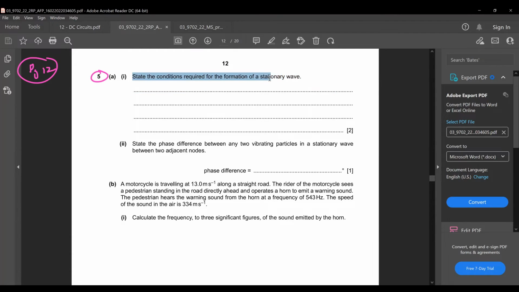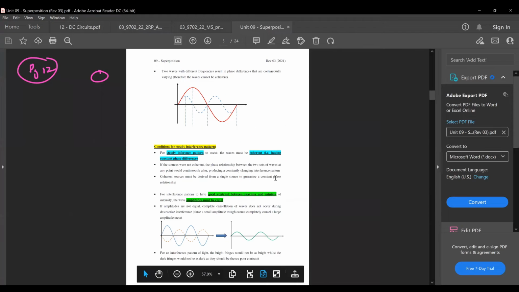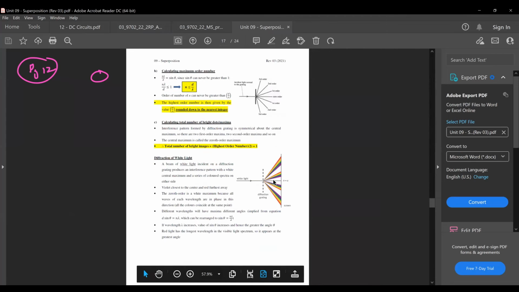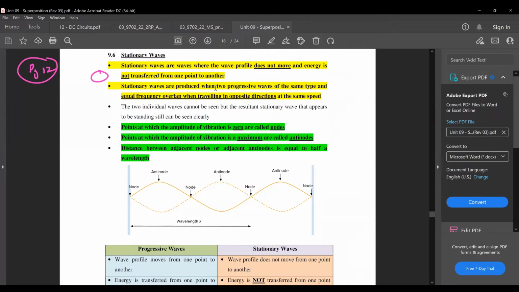State conditions required for the formation of a stationary wave. This is just asking you for the general definition of stationary wave formation. I mentioned to you before that you can probably use this definition, which is on page 18 of my notes.